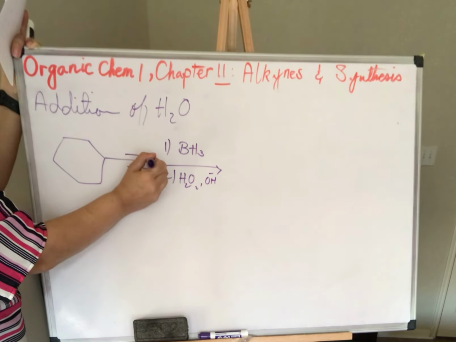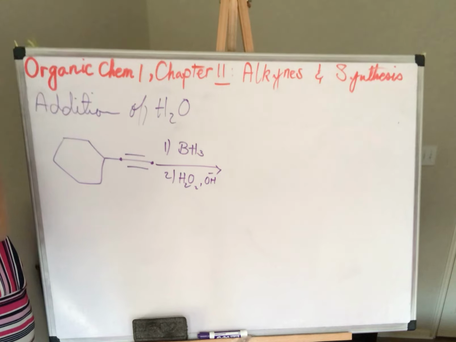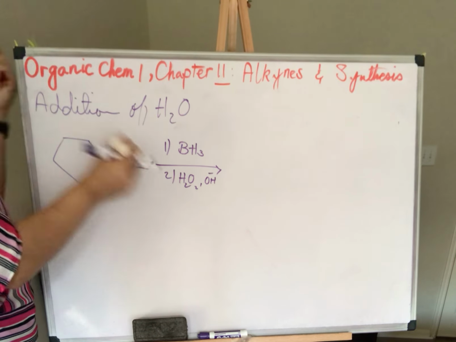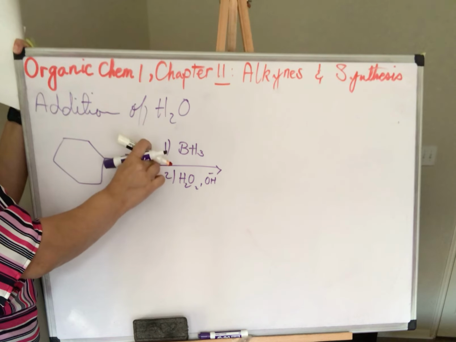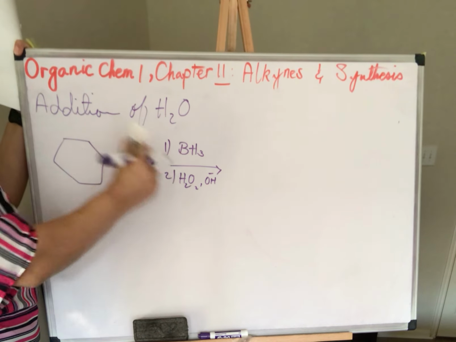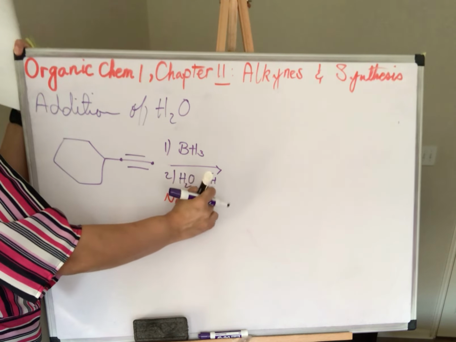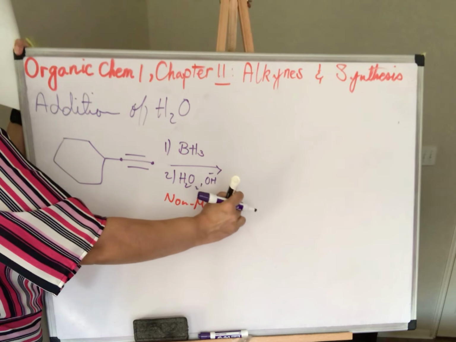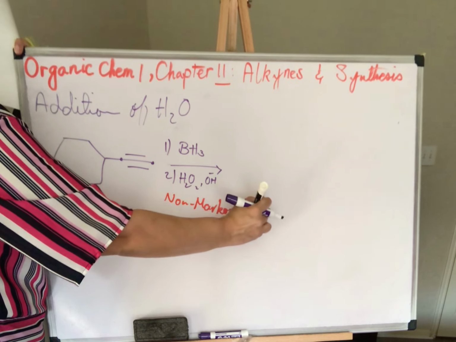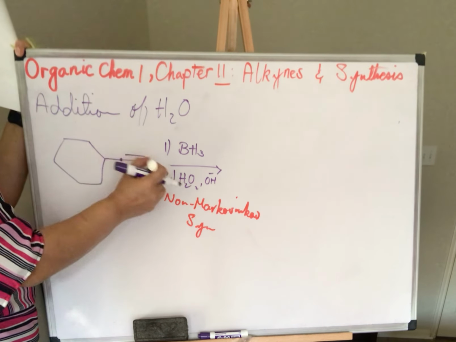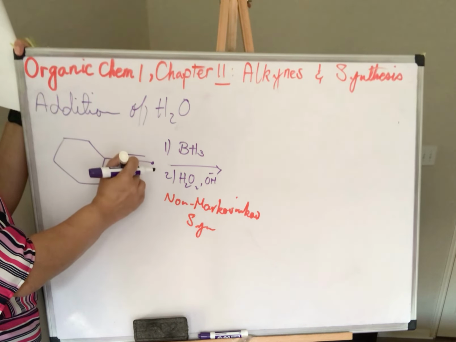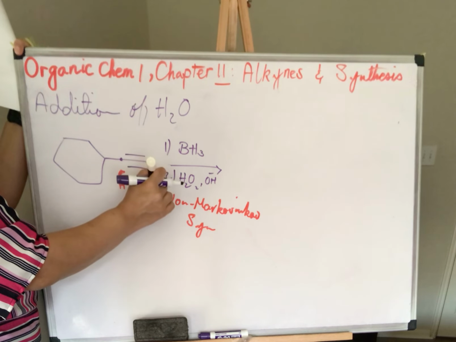So we need to find out which one is hydrogen-rich carbon first. This is the hydrogen-rich carbon. It already has one hydrogen, right? So hydroboration is non-Markovnikov. And what's the addition? Syn. So hydrogen will be added here. OH will be added here.